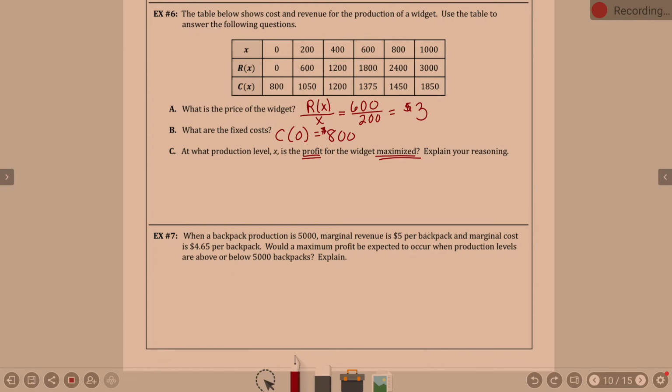How would you like to do this? Is it what, like, they equal each other? What, in terms of revenue and cost? That's not what that's not.